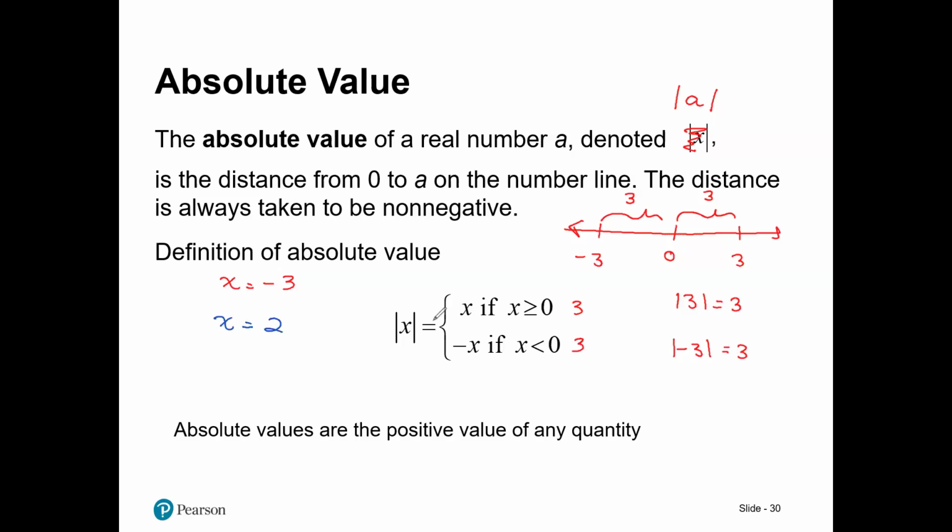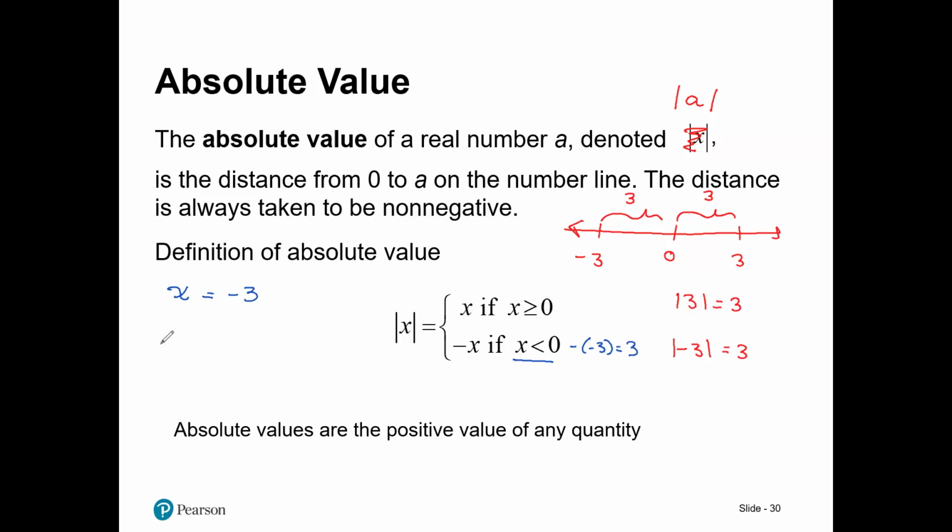If x was 2, then here, oops, sorry, I did that backwards. Let me go backwards just a little second here. Let me explain that formula one more time. So if x was -3, then we would go here where x is less than 0, and this tells me that we'd have -(-3), which is 3.